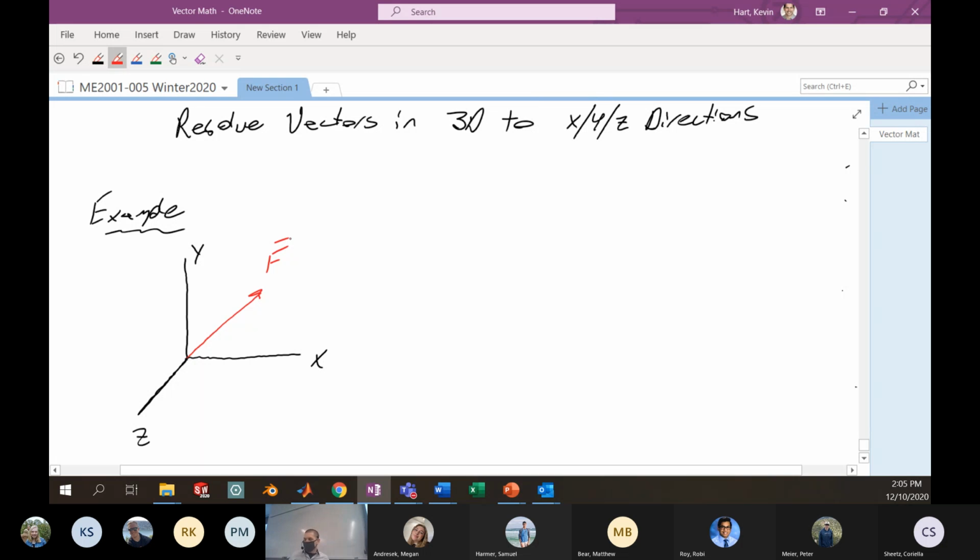All right. So it's out in space, and maybe we give some dimensionality to this by projecting this vector into the XZ plane and seeing what that might look like. So we'll say that this vector F is contained in this particular plane here.